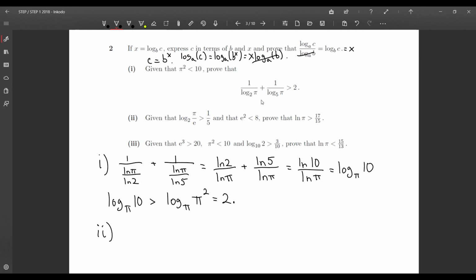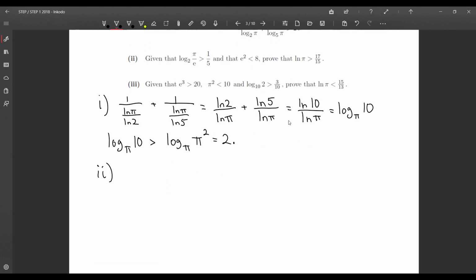Alright, now given that log base 2 of pi over e is greater than a fifth. Interesting. So I'm smelling some log base 2 trickery.